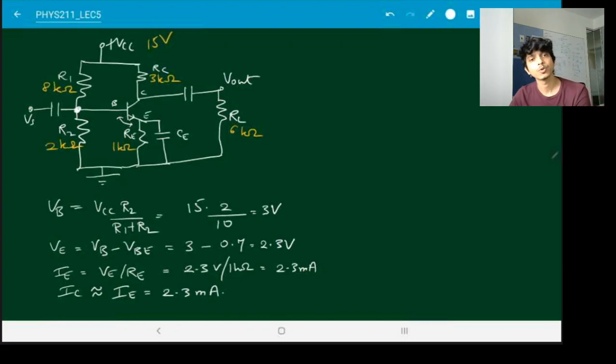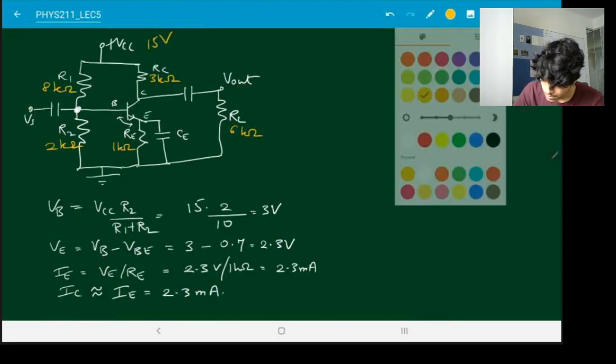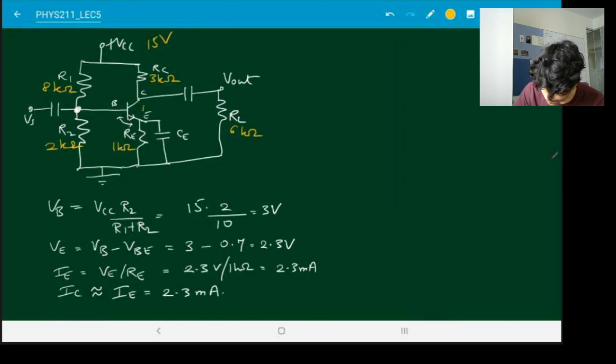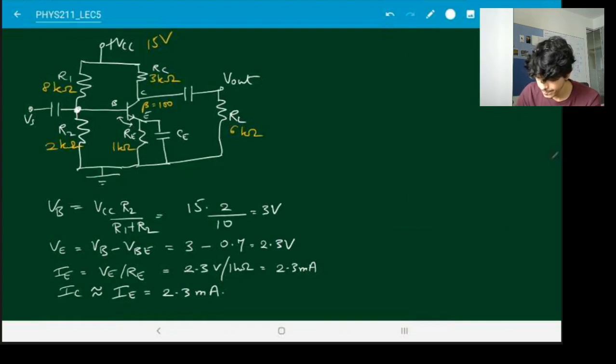Every transistor has its own characteristic value of beta, the current gain. So let's say for this one beta is 100, then what do you think the base current will be? IC is beta IB.